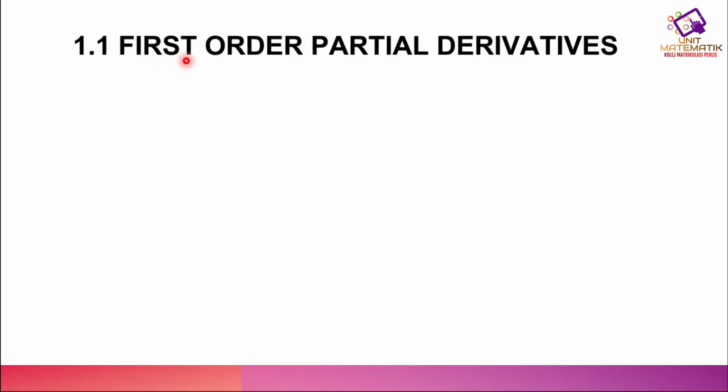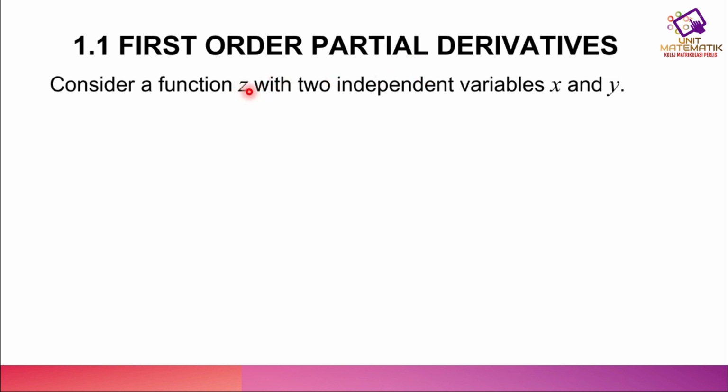1.1 First order partial derivative. Consider a function z with two independent variables, x and y. We can write it as z = f(x,y).